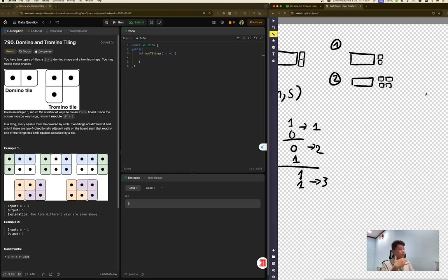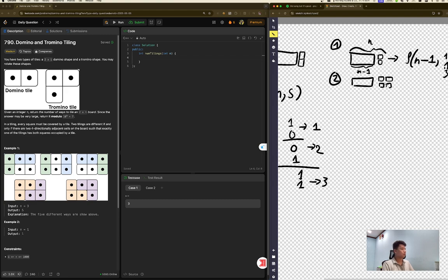Then we have it filled. This refers to the number of ways to put dominoes into the board of size n, and this is n minus 1. The number of ways is simply f(n-1), where the previous column, the n-1 column, is filled, so it's this, and we can call it 3.